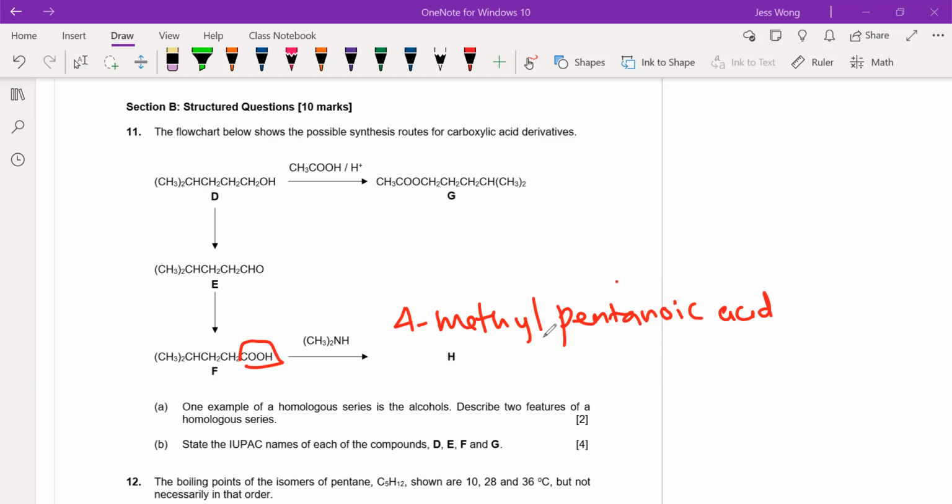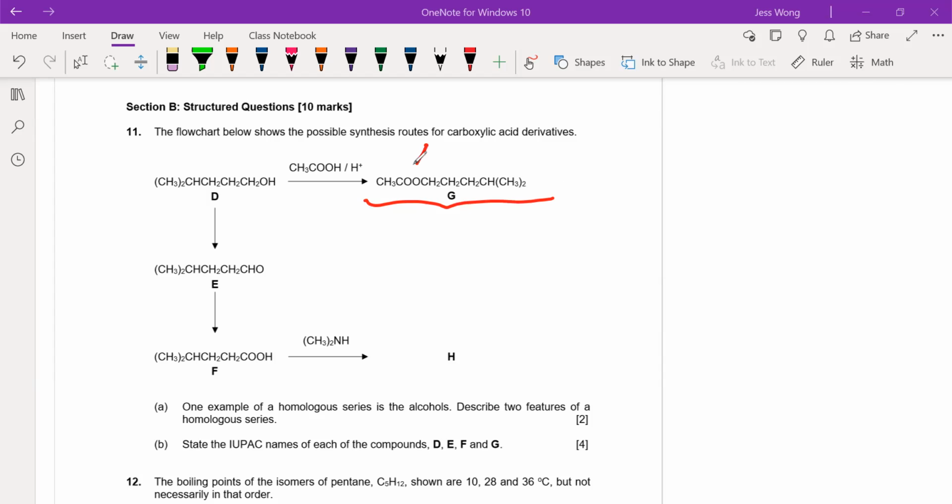Okay, next one, there's a G here. G again is an ester. We can see over here the COO group. So we need to split up the ester. As we split up the ester, let's count this part over here. We have a 5-carbon alcohol with a substituent.